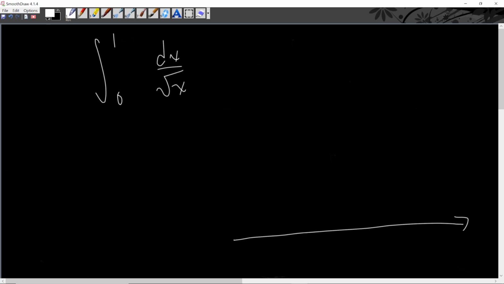This is x, and this is y. It'll be extremely large y values, or well, not extremely large y values. It'll be large x values for rather small y values. Like let's say x is equal to 100, we have 1 over root 100, and we're only at 1 over 10.